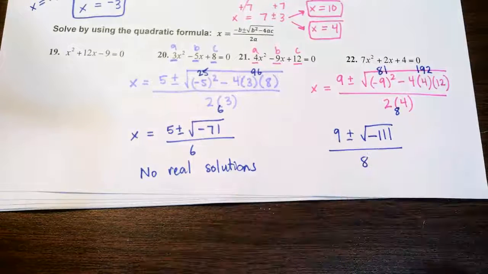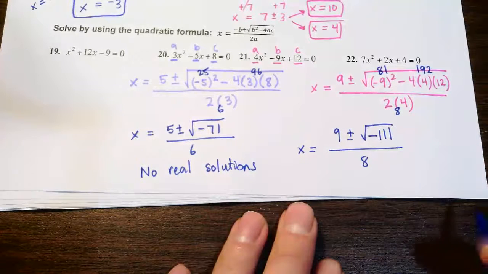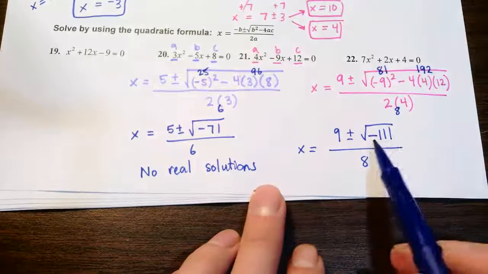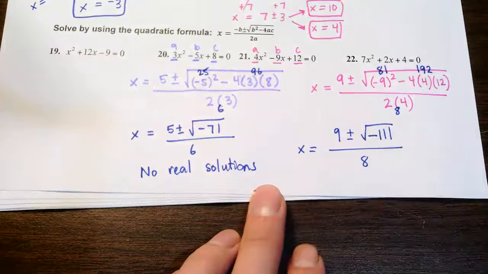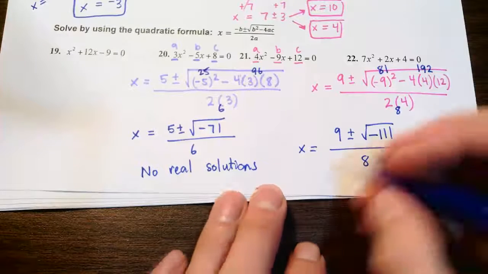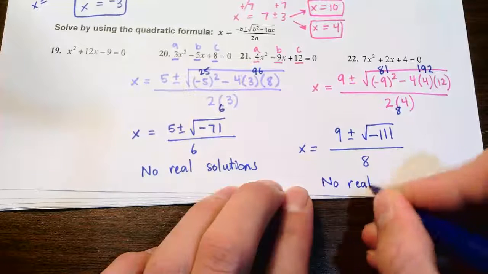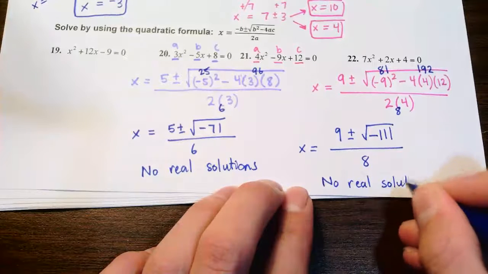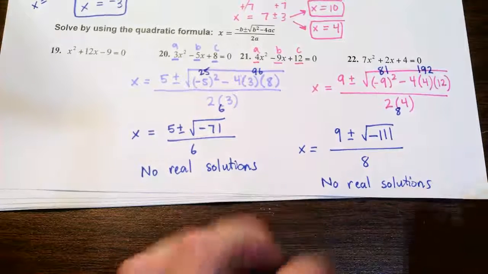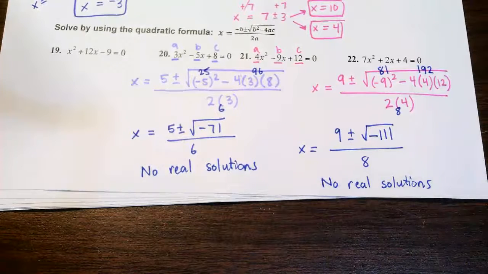Okay. Well, as I did quite a bit of simplifying here, again, I run into this situation where I have a negative inside my square root. Again, that's going to be an imaginary number, so I can point back to this. Again, this one's going to have no real solutions. Kind of disappointed. I wanted to show one with a real solution.